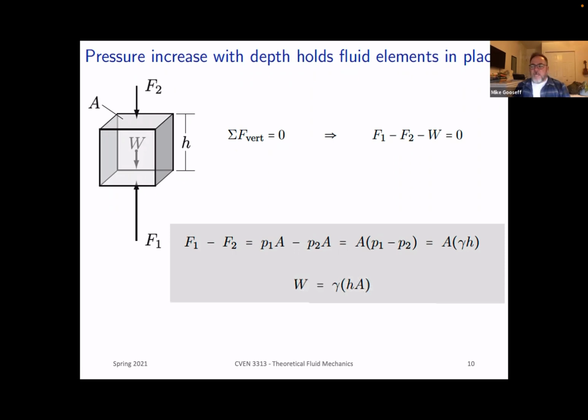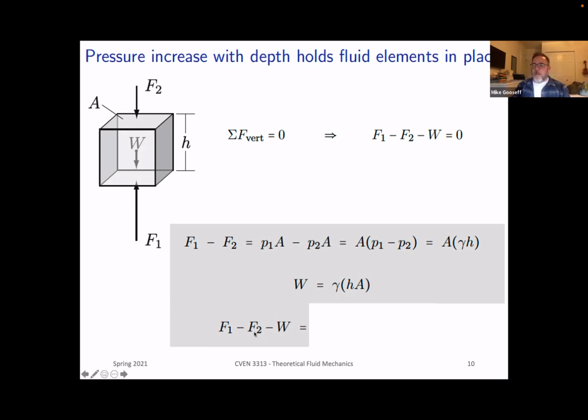What this then means is now we can add in the weight piece, right? This was just F1 minus F2, so we just took the first two pieces. The third piece is the weight, which is equal to gamma, the specific weight of the fluid, multiplied by H times A. All we've done is put W on the other side and made it equivalent to this, and then we regrouped.